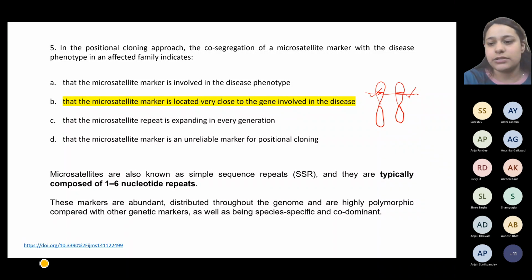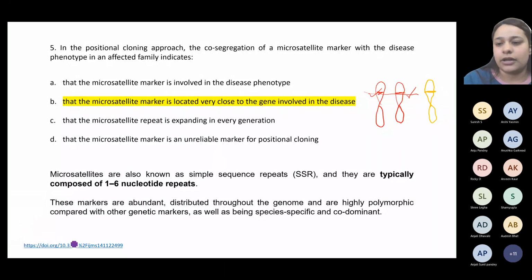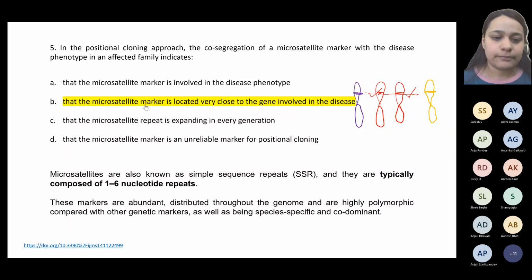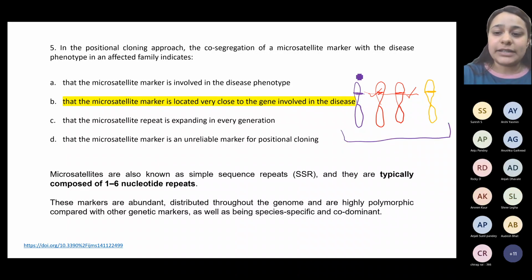If you see another which has one of the alleles that is represented in orange, and you see a third individual which has one of these alleles represented in this purple, right? So what will happen over here is that in this population altogether, there are multiple alleles that are present for this gene.